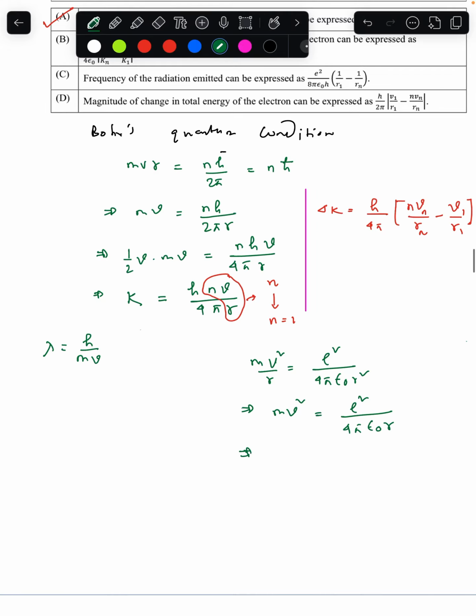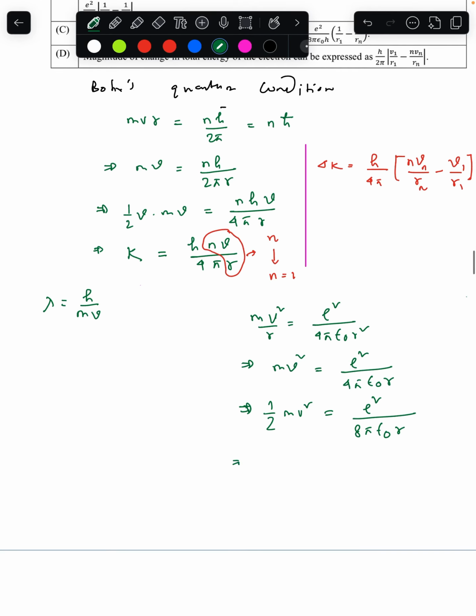Once again, if I multiply with half, this becomes half mv square is equal to E square divided by 8 pi epsilon naught r. Half mv square is the kinetic energy. From this equation, we can pick the r value.